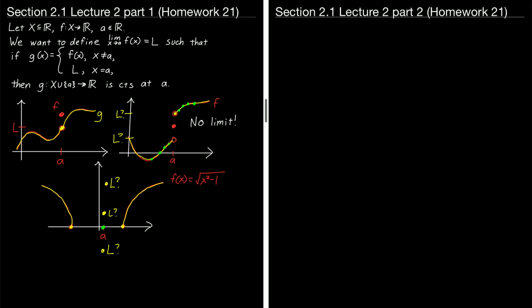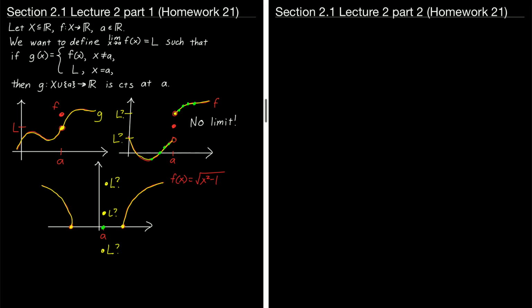And so in the second example, we had the problem that there were no values of L that would work. Here we've got the problem that there are too many values of L that are going to work. So we're going to have to be a little bit careful when we define limit.